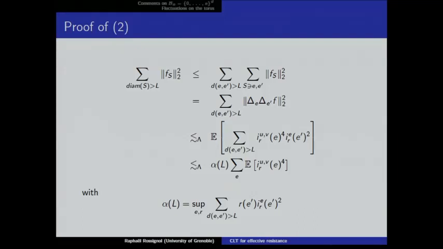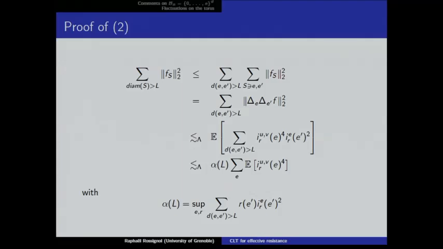Because when a set S has diameter larger than L, you can find a couple of edges, E and E prime, belonging to S, which are at distance larger than L. So, and this equals this, and you do the same trick as before.